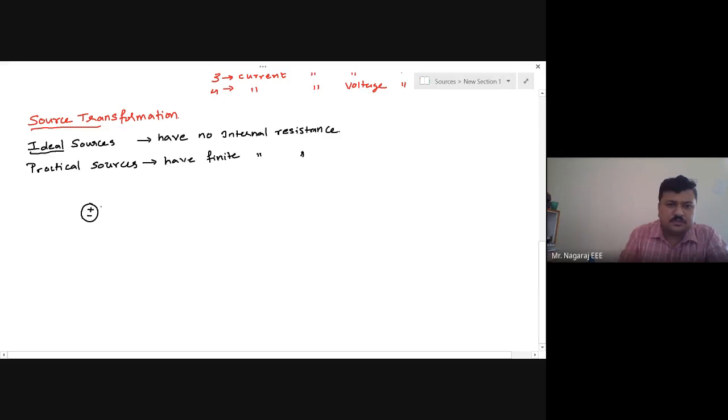So this is, suppose, a voltage source. Let this be of E value, and let terminals A and B be the terminals of the voltage source which are available for external connection. So this is an ideal voltage source.